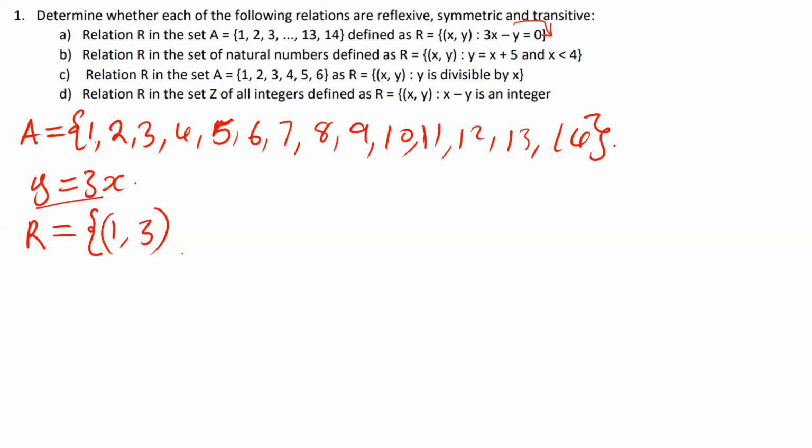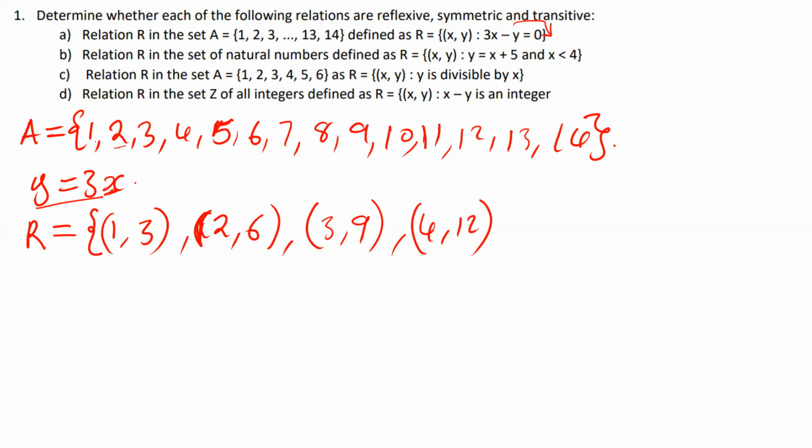So this is our first pair. For the second, if we replace X with 2, we get 2 times 3, that is 6. If we replace 3, we have 3 times 3, that is 9. If we replace 4, we have 4 times 3, the answer is 12. So we have (4, 12) there.